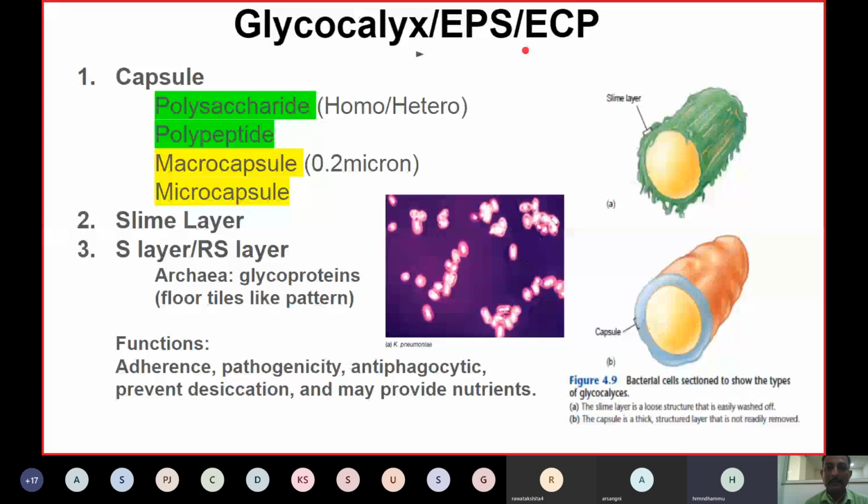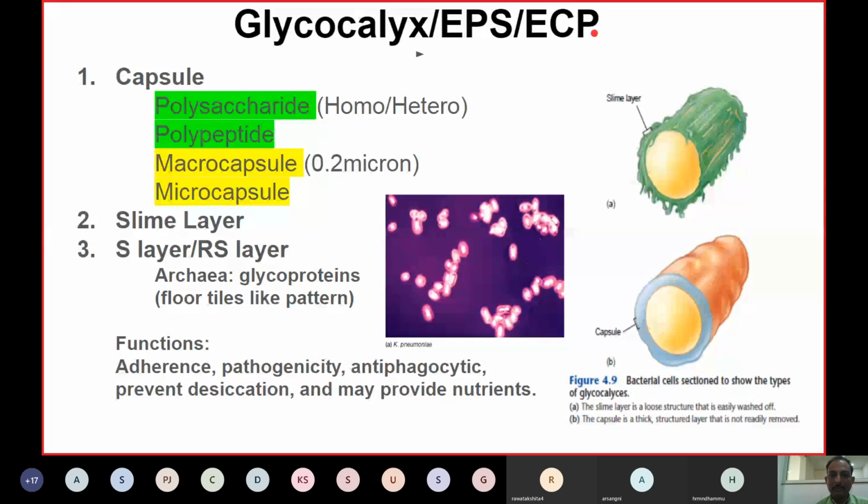Fine. So in bacteria, outside the cell, there is one more layer present, which is known as glycocalyx or EPS. EPS stands for extracellular polymeric substances or extracellular polymers.